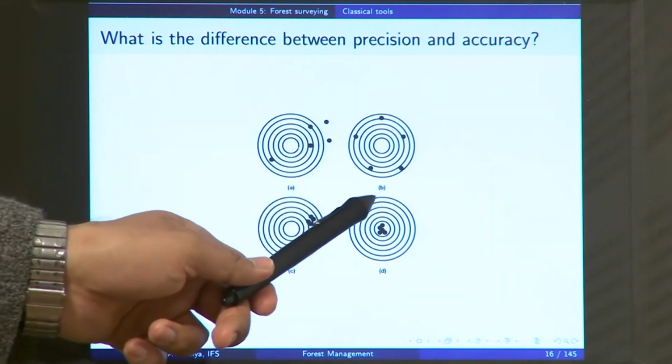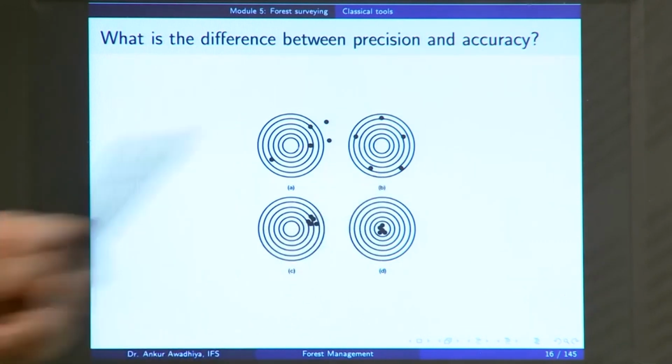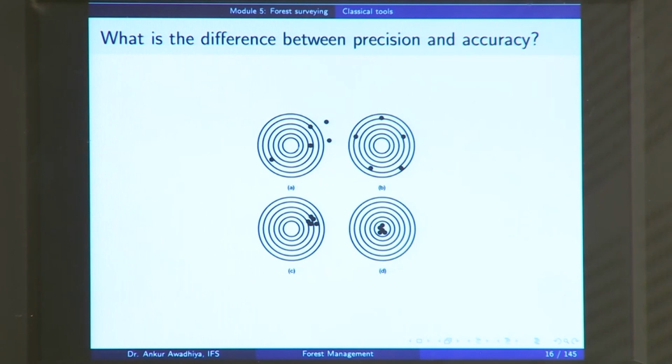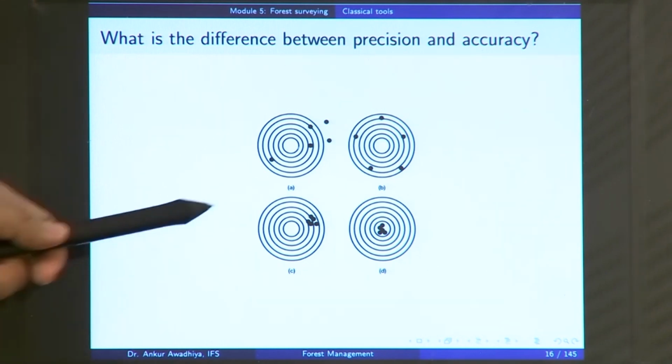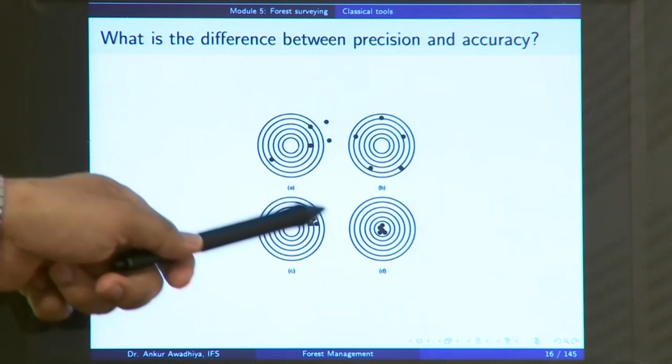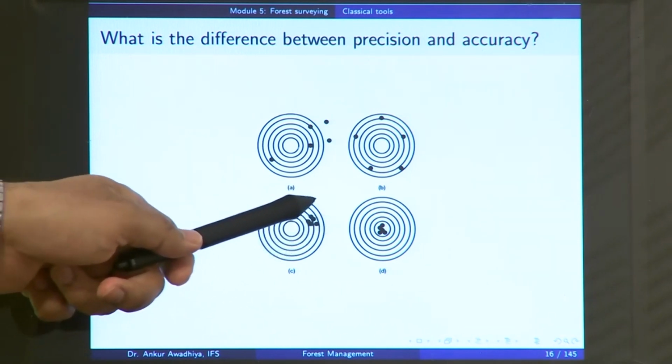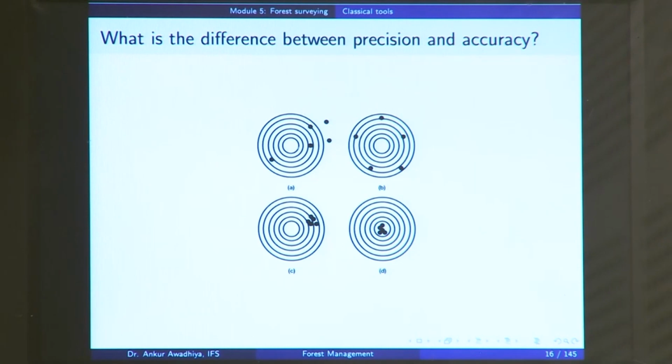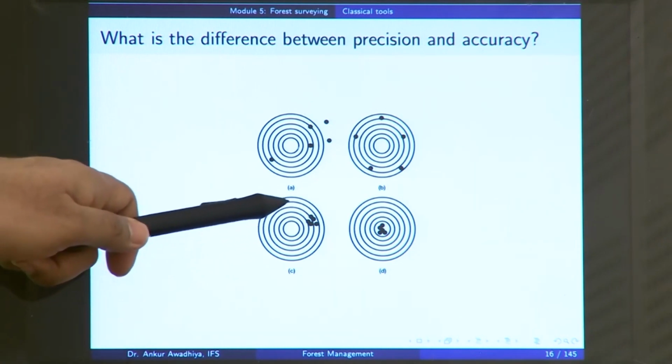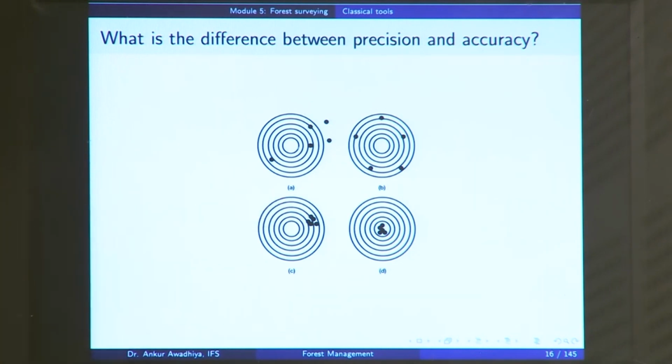So, if we look at these measurements, then we will say that these readings are extremely precise, because these are close together and these are also accurate, because the person was able to hit the bullseye. But if we look at this shooter, then even though these readings are extremely precise, they are close together, these readings are not accurate, because he was unable to shoot at the bullseye.